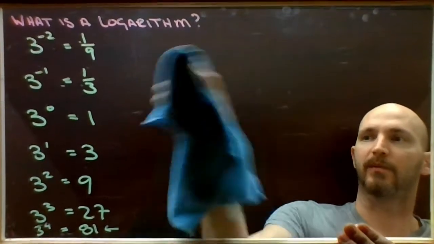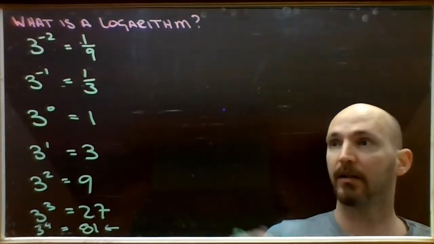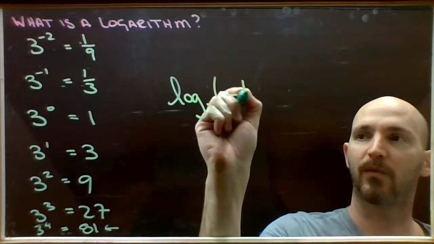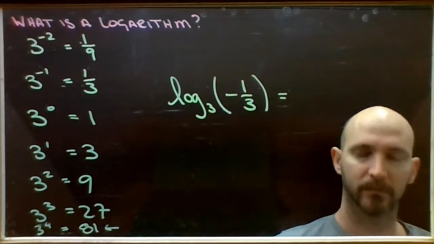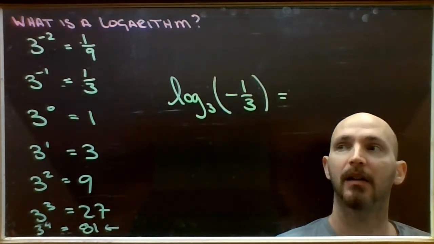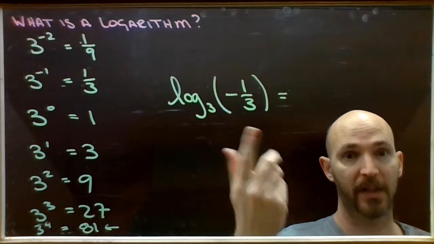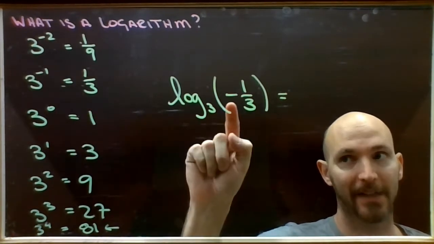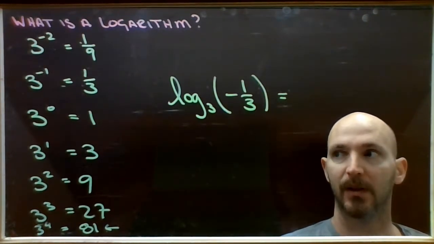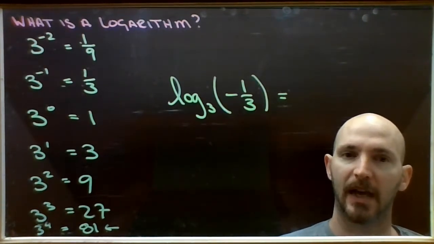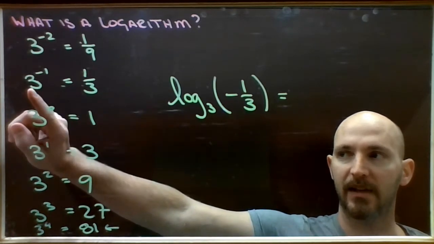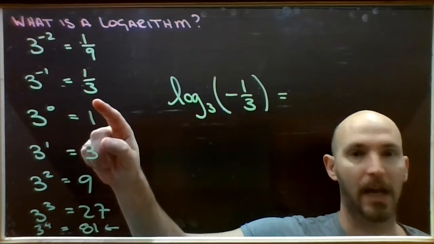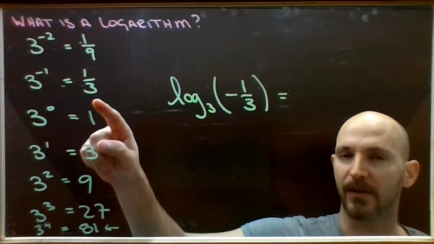Ask myself what the log base 3 of -1/3 would be. So I'm going to go look at my list, and I'm looking up 1/3, and I found 1/3, but I did not find -1/3. It's a weird trick about exponentials that when you take something and raise it to a negative exponent, you do not get a negative number as your answer.